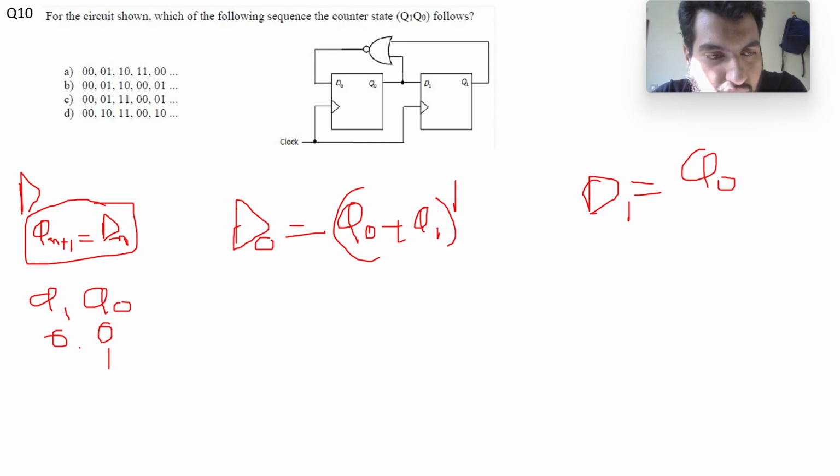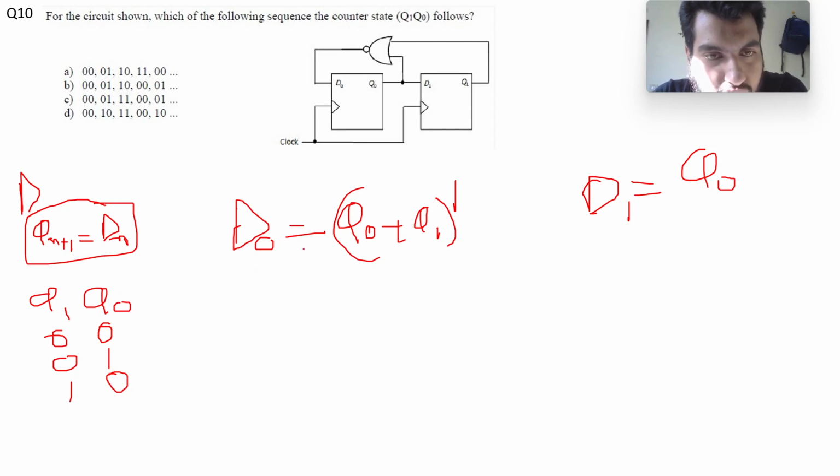Q0 was 0, so Q1 will remain at 0. Then the next state, D0 is equal to Q0 NOR Q1, so 1 NOR 0, that is 0. So Q0 will be 0, and D1 will be equal to Q0, that is 1. So that means 1 0.